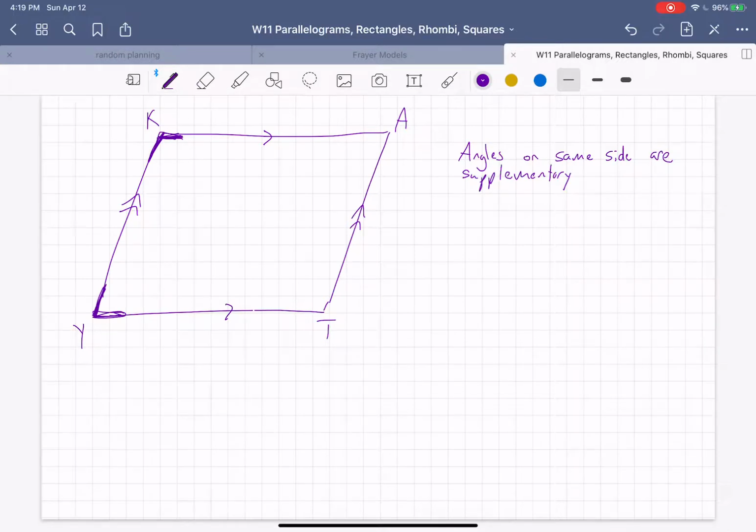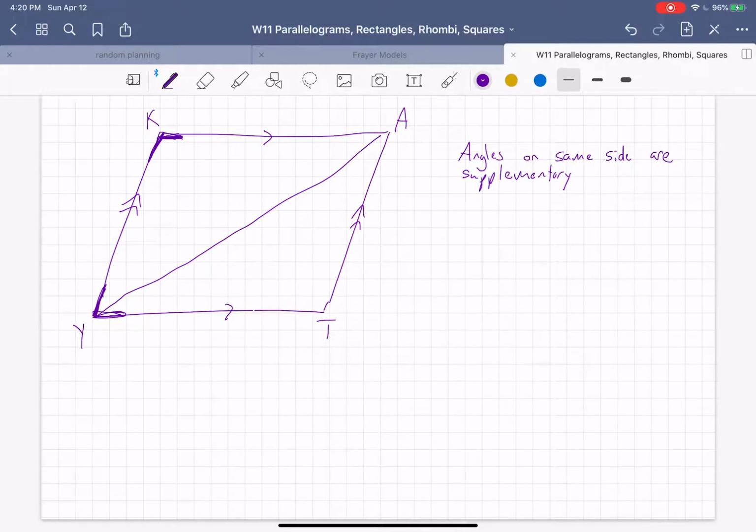Another property comes from our diagonals, which we said connect opposite angles, right? Here we have a triangle on the top and the bottom of our diagonals. We can get a lot more information here. Now that we have this diagonal, we can form some Z's and form alternate interior angles.